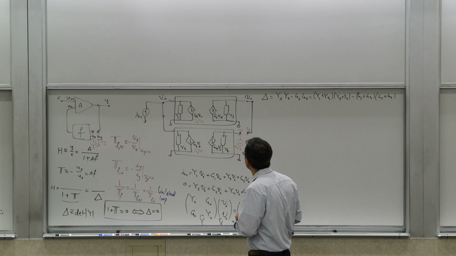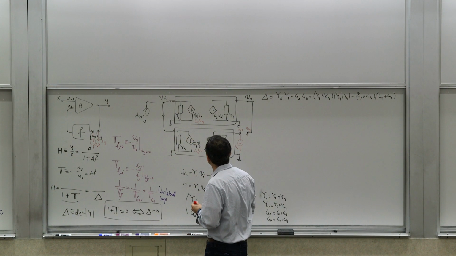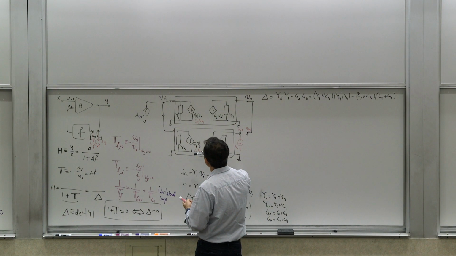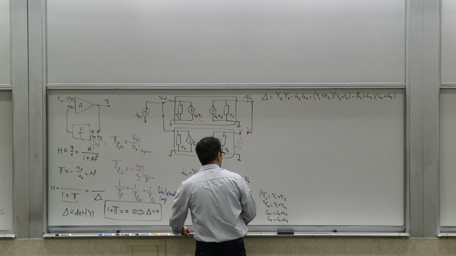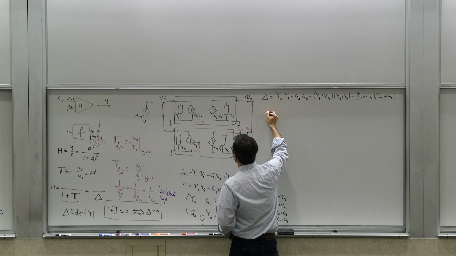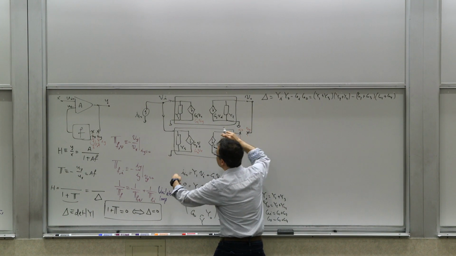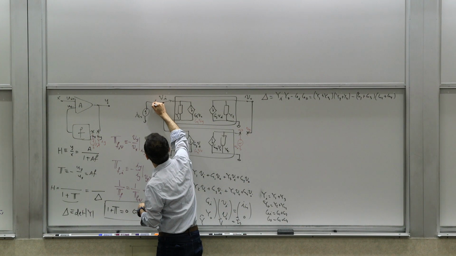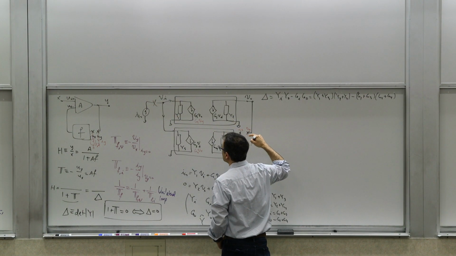It's simple. You can write an equation here at the input. You can say, what is the sum of the currents? The sum of the currents would be, so if I write that equation, for example, you have, and this is in the absence of I in. So I in is not going to be here because this is just nulled. I in is nulled.